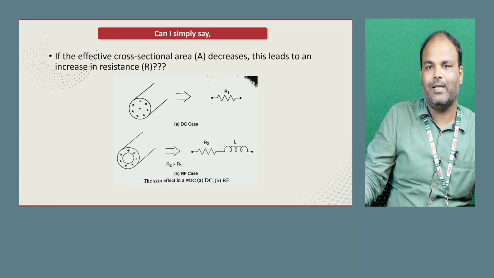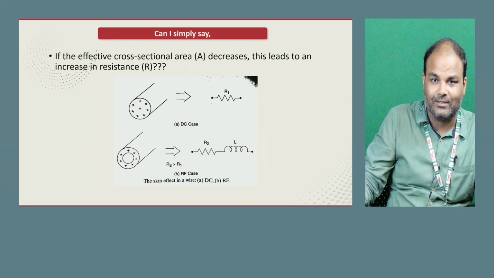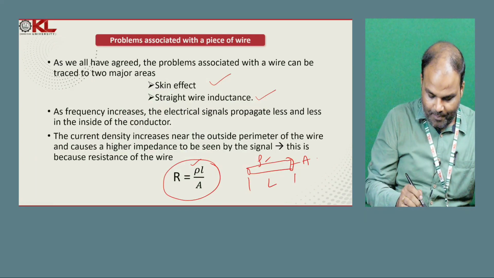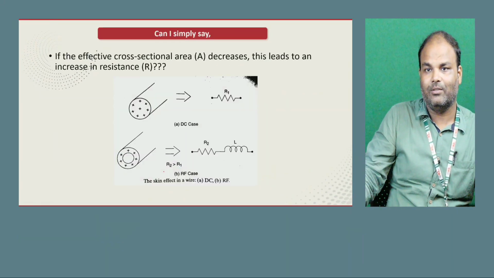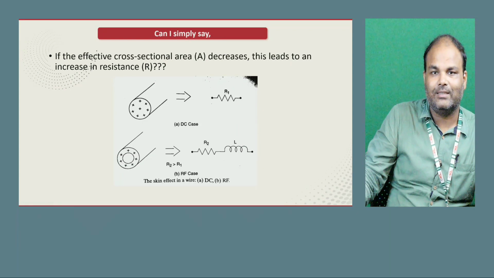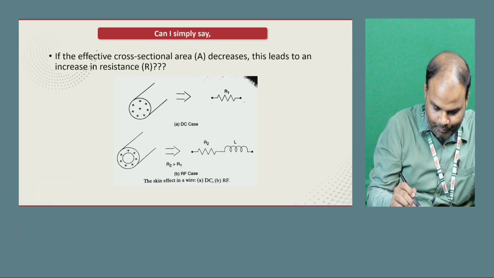Now if the effective cross sectional area A decreases, this leads to an increase in resistance. So here you can see, if A decreases, then resistance is going to increase. If this is the cross section, then it is R1.